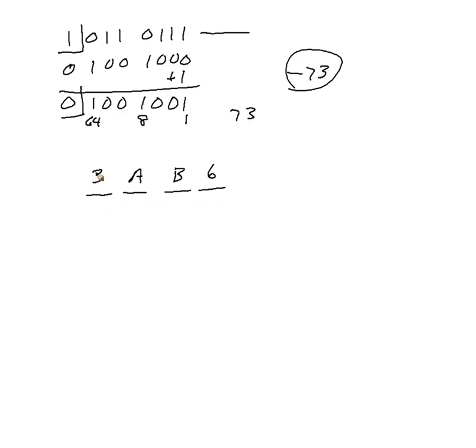So a 3 would be what in 4 bits here? 0, 0, 1, 1. A would be 1, 0, 1, 0. B would be 1, 0, 1, 1. 6 would be 0, 1, 1, 0. Take a look and make sure I did that right.